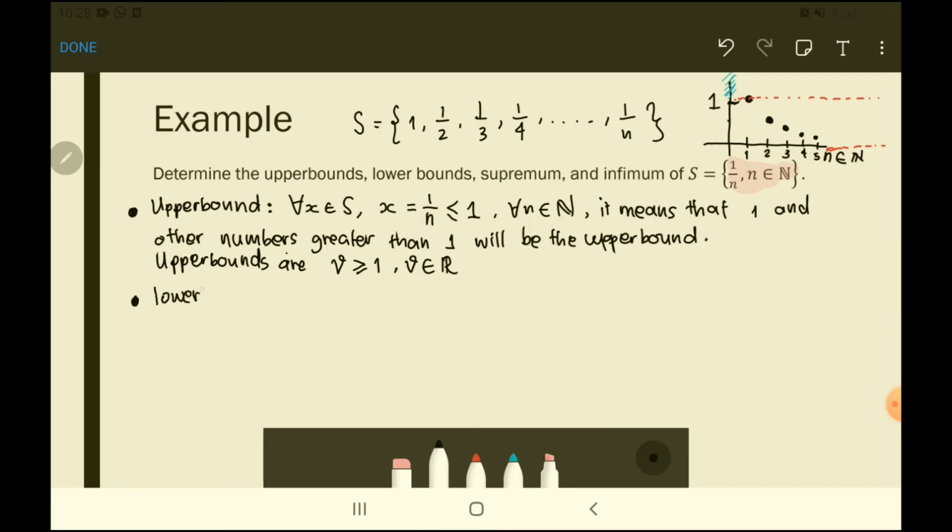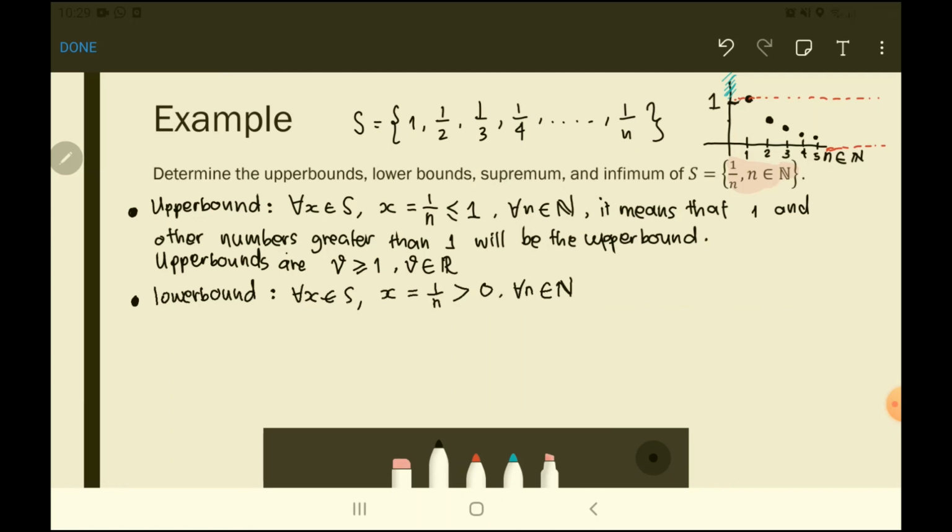For the lower bound, we know that the set will never reach 0. For all x an element of S, where x is 1 over n, x will always be greater than 0, but it will never be equal to 0, because 1 over something will never be 0, for all n an element of the natural numbers.